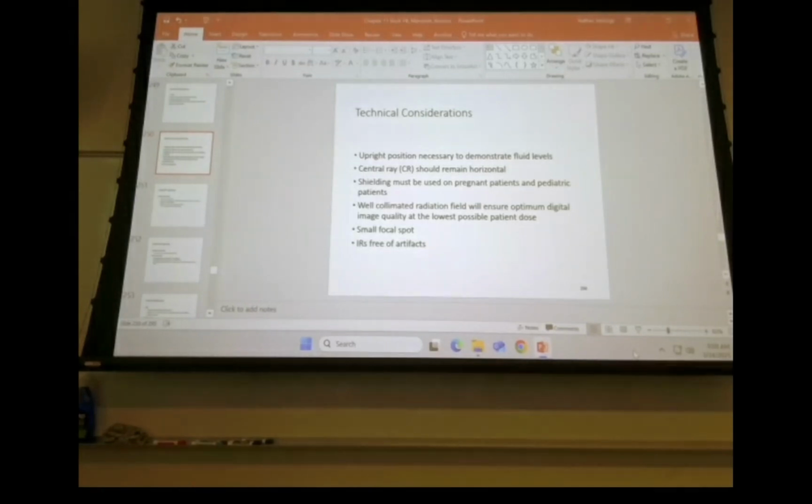It's just not going to matter all that much, right? Is it ideal? No. Should you use the head tilt method instead of angulation of the central ray? Sure. Absolutely, you should.